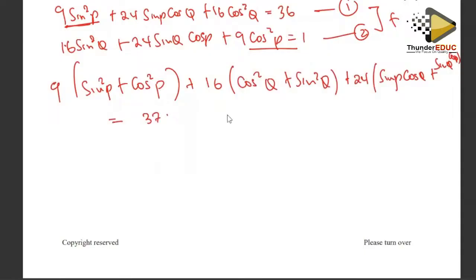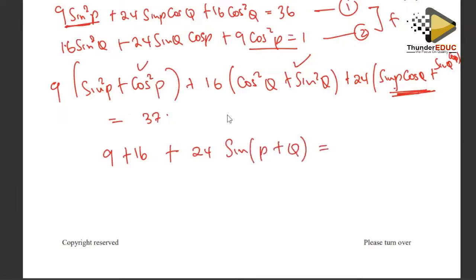Okay, so we know that sine squared plus cos squared is a 1. Means a 9 plus 16, plus, this is now going to give us a compound angle: sine p cos q plus cos p sine q is the same as sine of p plus q. So 24 sine of p plus q is equal to 37.